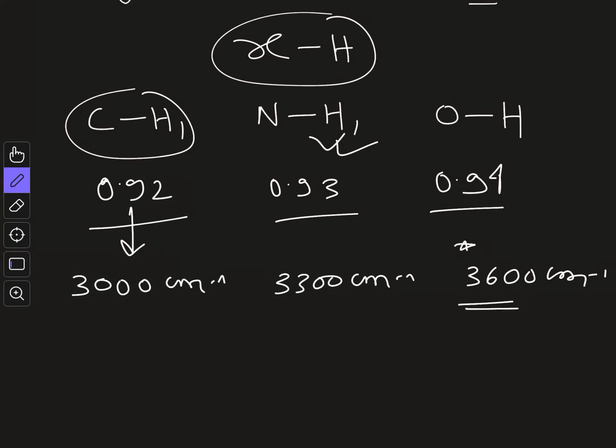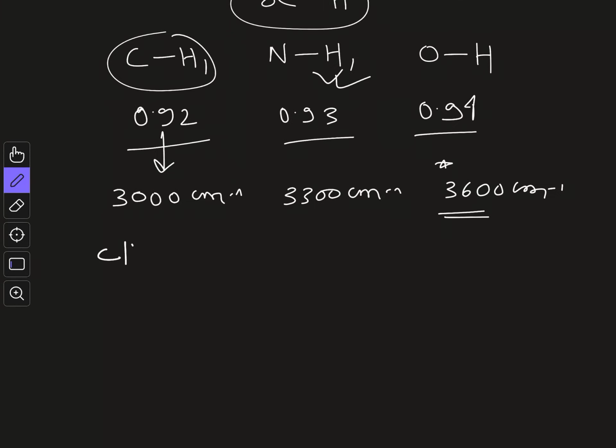This is the typical region for all these groups. Now if you consider a typical CH2 group or a CH3 group, it will come at around 2950 cm⁻¹, and this is a typical region, you should remember it. This is for CH2 and CH3.